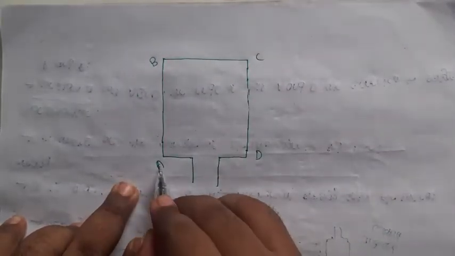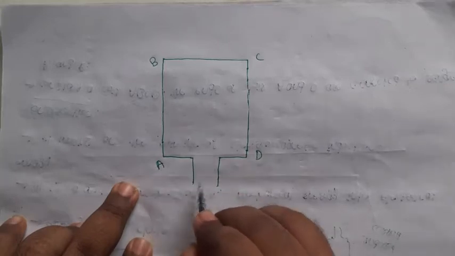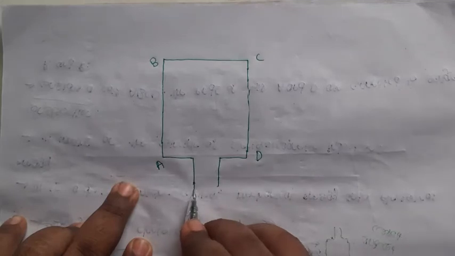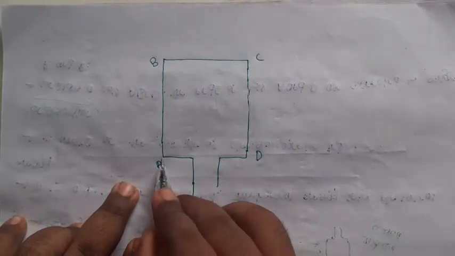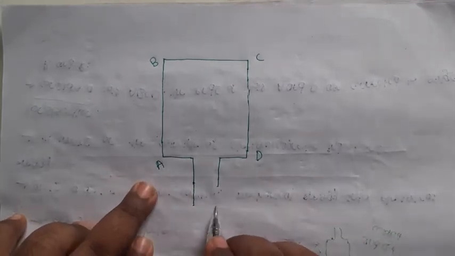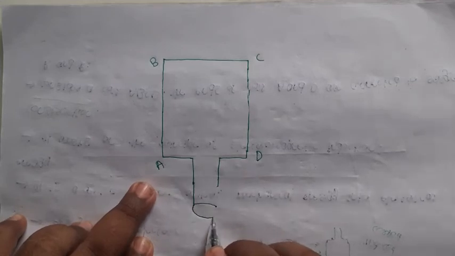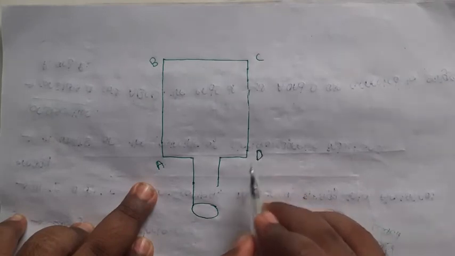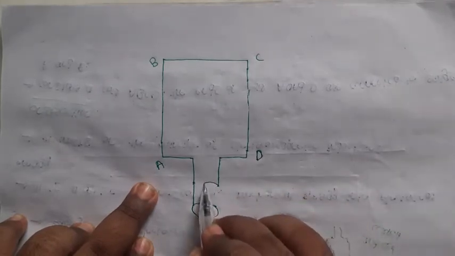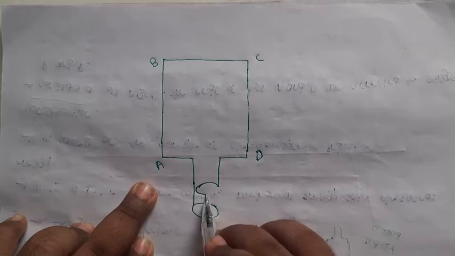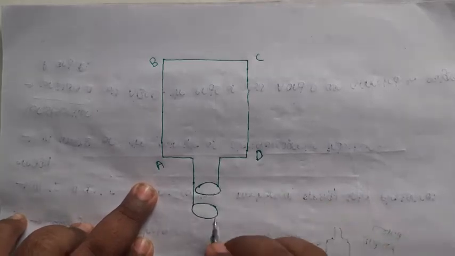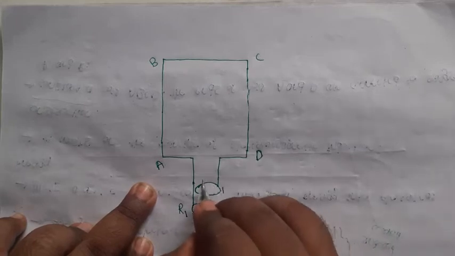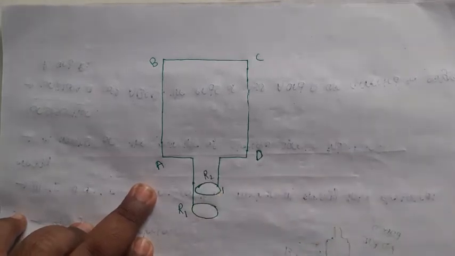The ends of the coil, A and D, are connected to rings. The end A of the coil is connected to one ring, and the end D of the coil ABCD is connected to another ring. This is ring R1, this is ring R2.